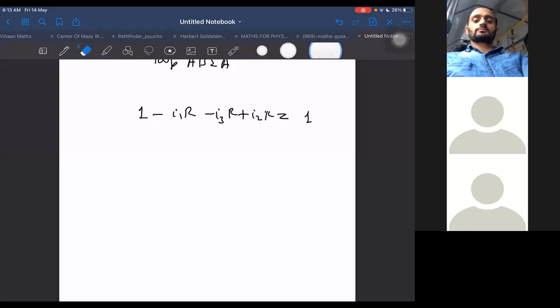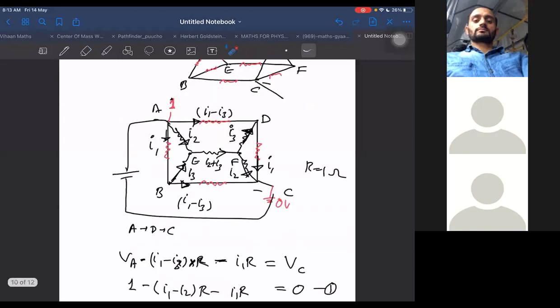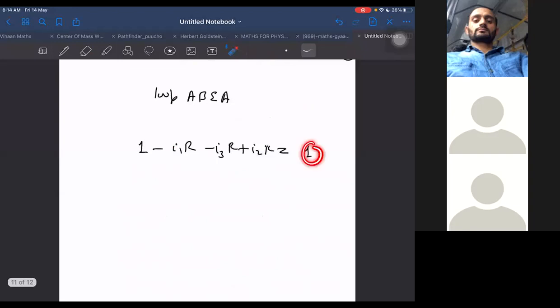I am starting from potential at a point minus this; then I will get the potential at B. Minus this, then I will get the potential at E. Plus this potential, then I will get again the potential at A. So this is equal to potential at A. So finally, 1 and 1 will cancel, and then we get this equation: I1 plus I3 minus I2 is equal to 0. That is the equation at last.